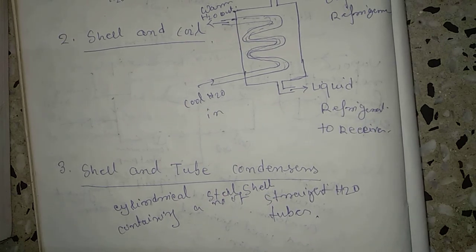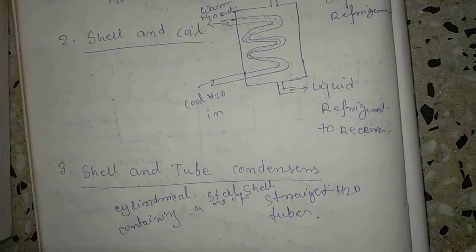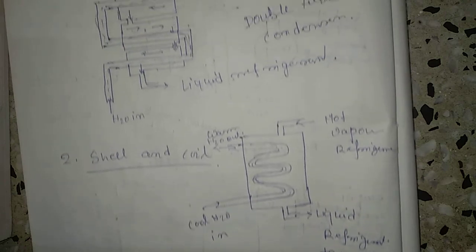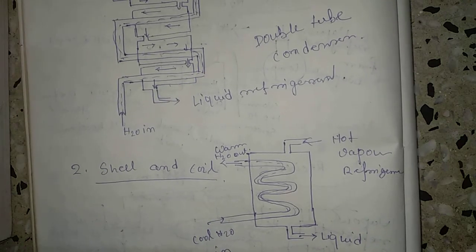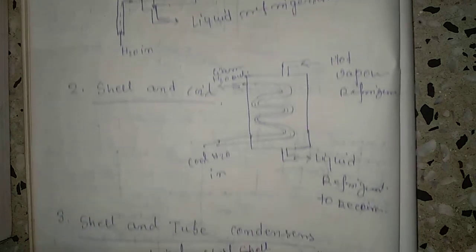These are the three types of condenser: tube and tube, shell and coil, and shell and tube condenser.